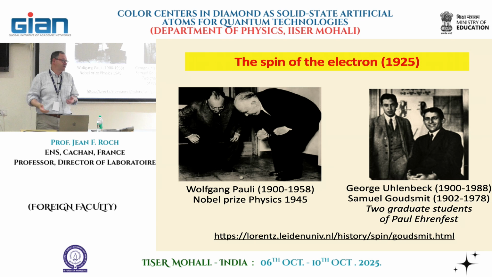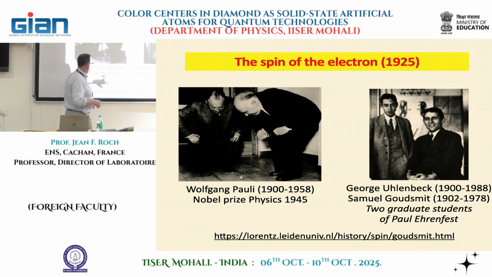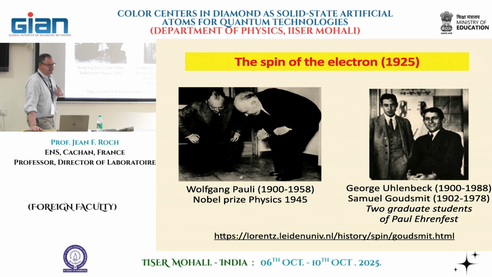With that fourth quantum number, using the Pauli exclusion principle, he was able to construct the periodic table of elements and explain the structure of the elements, but no one really knew what it was. The first to introduce what it was were two young persons, George Uhlenbeck and Samuel Goudsmit. They were graduate students of Paul Ehrenfest in Leiden.